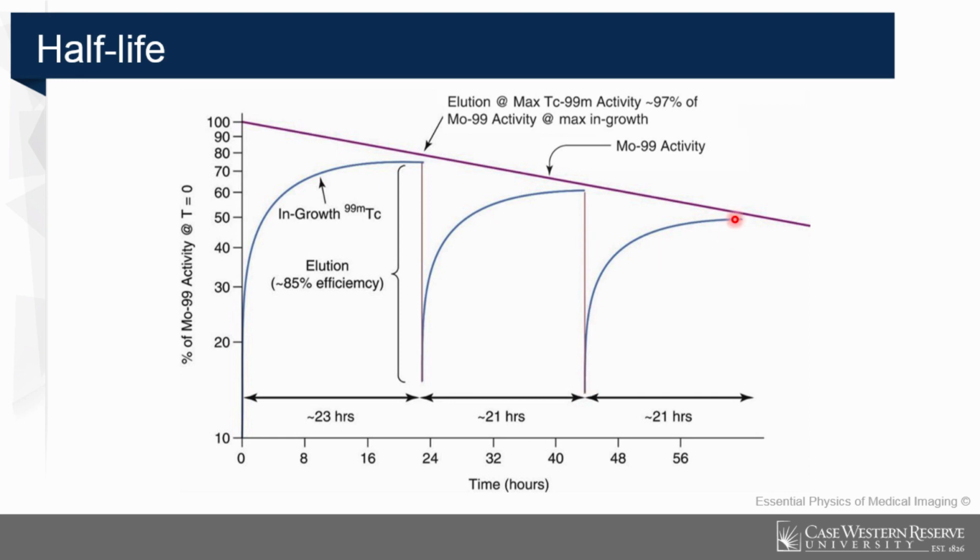But of course, if the parent goes too low, it will not be useful, and it will be time for you to make an exchange, meaning that you will ship out the old generator and take in a new fresh generator starting from here. So it's about a few weeks.